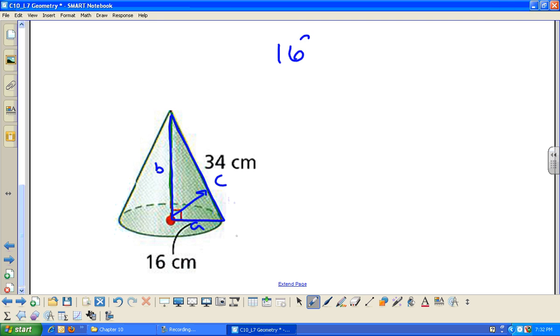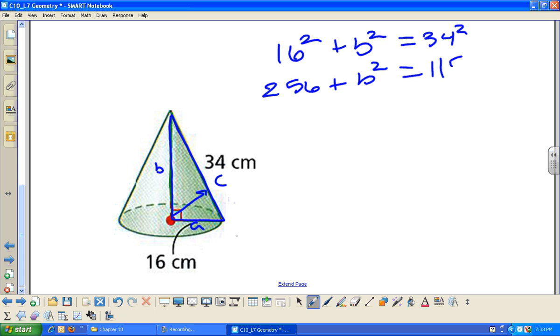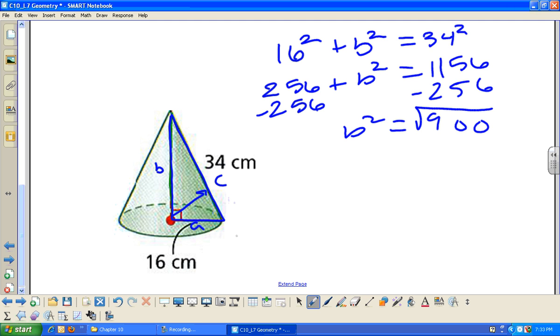So if I'm looking for B, 16 squared plus B squared will be equal to 34 squared, which would be 256 plus B squared is equal to 1,156. I have to subtract 256 from both sides of the equation. B squared is equal to 900. And then when I take the square roots of both sides, because I have to get rid of the squared, B is equal to 30.